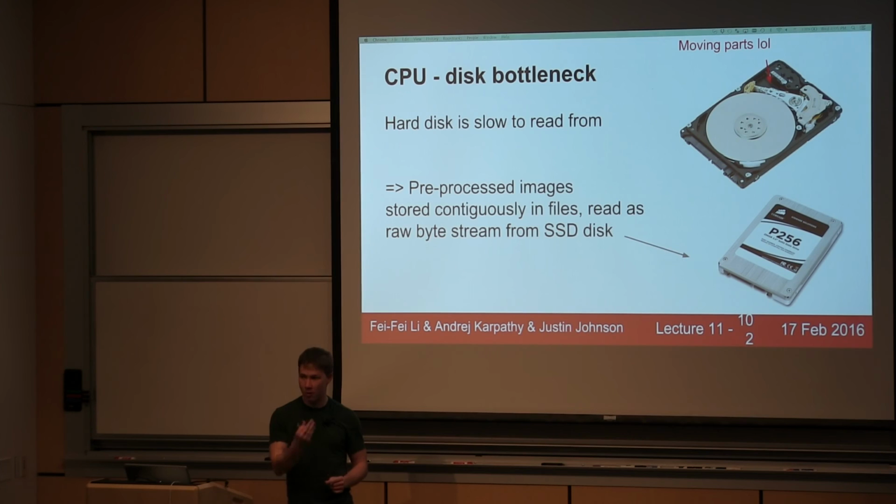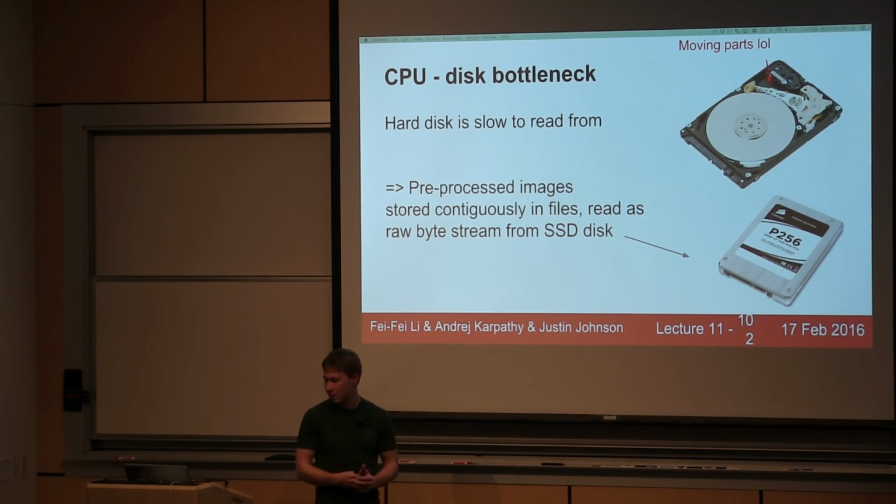And once you read the JPEG, you'd have to decompress it into pixels, so that's quite inefficient. So what you'll see a lot of times in practice is that you'll pre-process your data by decompressing it and writing out the raw pixels for your entire data set in one giant contiguous file to disk. That takes a lot of disk space, but we do it anyway because it's all for the good of the ConvNets.